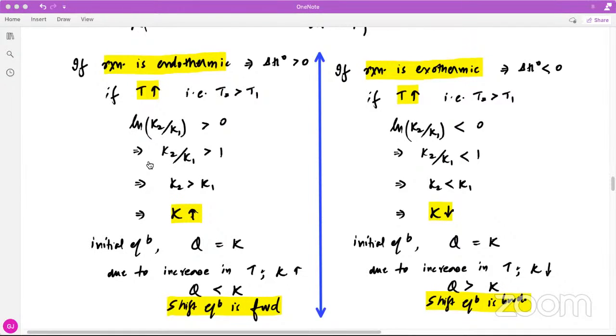लिखा सबने? So on the right, isn't there an error? On the right, if reaction is exothermic, temperature should decrease now. नहीं, we are not changing the.